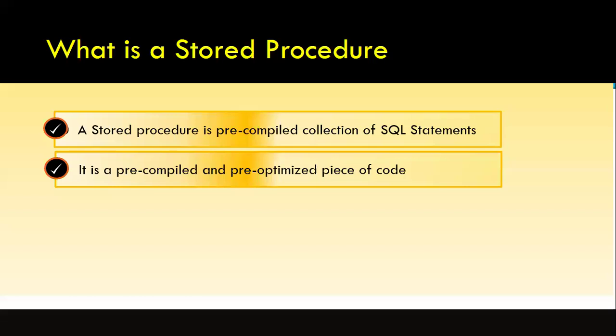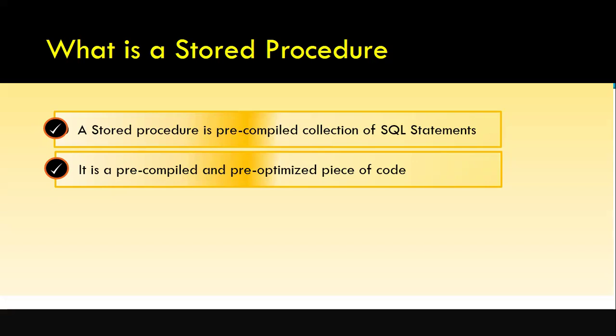So it will get compiled once, and you can use it as many times as well. In that case, the performance will be pretty fast, so that you don't have to compile the bunch of code each and every time when someone calls the stored procedure. So in this case, it pre-compiles your bunch of code in your stored procedure only once.